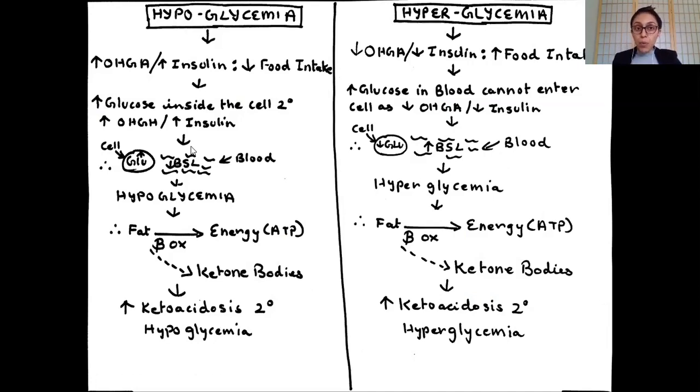So in a hypoglycemic individual, what happens? How does this result in hypoglycemia first, and therefore ketoacidosis? When does hypoglycemia happen?